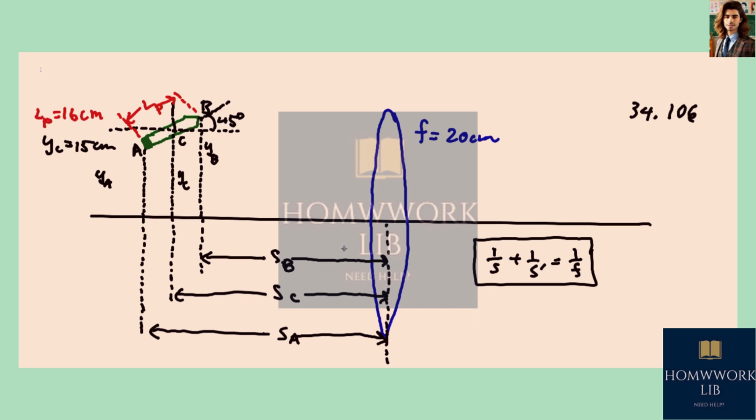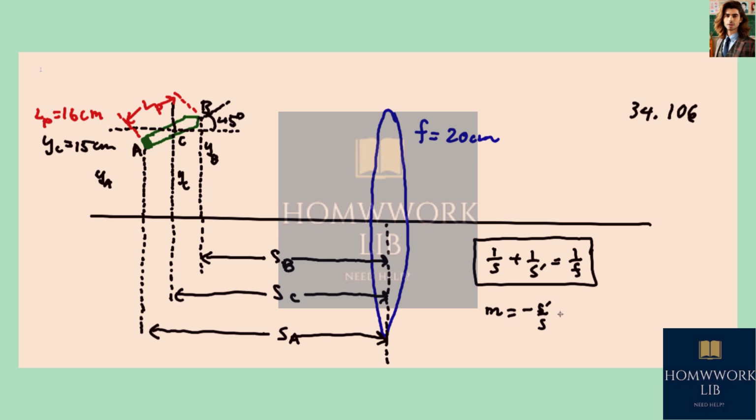So we need to know how the images of points A, B, and C are oriented. And for that, we can look at the magnification, which is minus s prime over s. If m is positive, then the image is erect, and if m is negative, then the image is inverted.